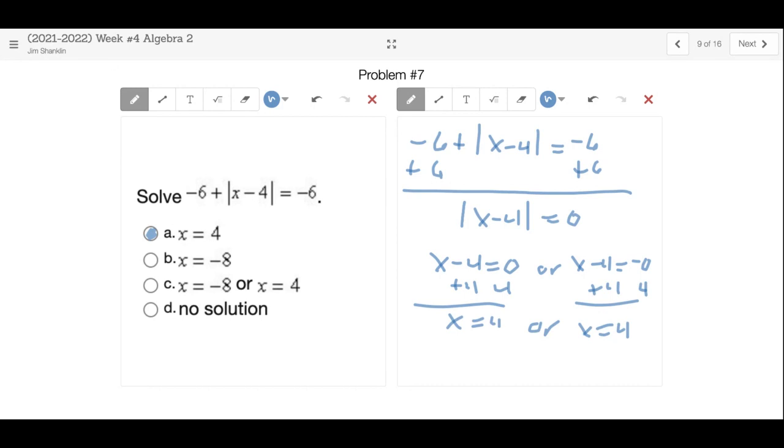Okay? So remember, we have to isolate the absolute value, and then we have to rewrite it. Now, 99% of the time, you will not get the same number for your answer. Okay? X equals 4, X equals 4. Doesn't usually happen. But I will tell you that some kids will give me the exact same answer. They'll give me the opposite every time. They'll go, oh, x equals 4, x equals -4. X equals 5, x equals -5.